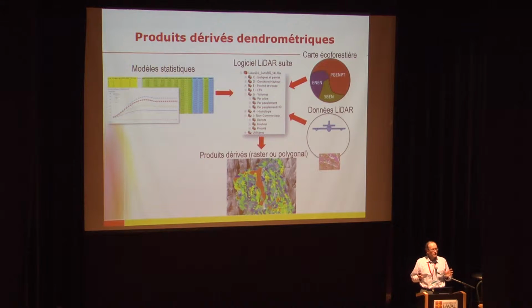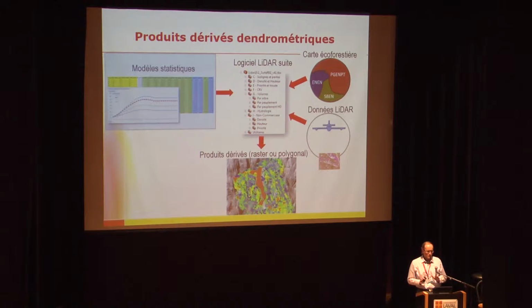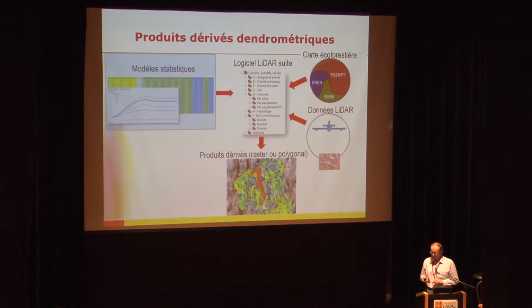So in order to situate you a little bit compared to what you've seen yesterday in the LiDAR suite, the goal of my work was more to establish statistical models, which is the left side part here, to determine dendrometric variables, which will allow users to get really useful information about volume, quadratic average diameter, without necessarily having to put plots during the LiDAR's flight.